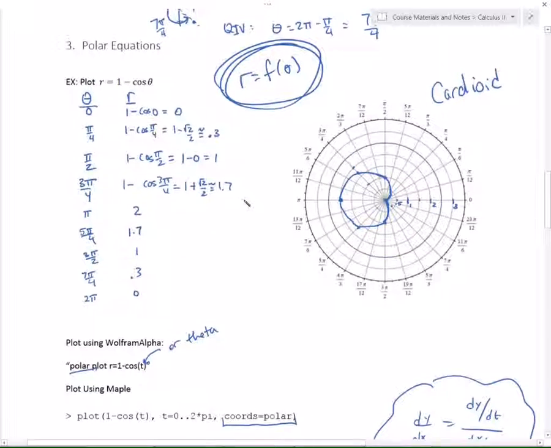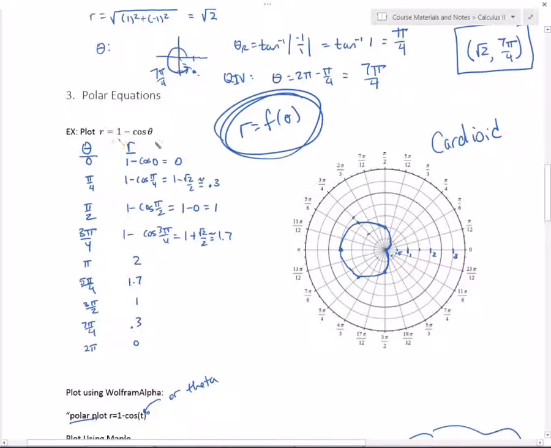I cannot just say, take the derivative of r and let that be the slope on this graph, because it's not. What the derivative of r with respect to theta would be is how fast the radius is changing as theta is changing.